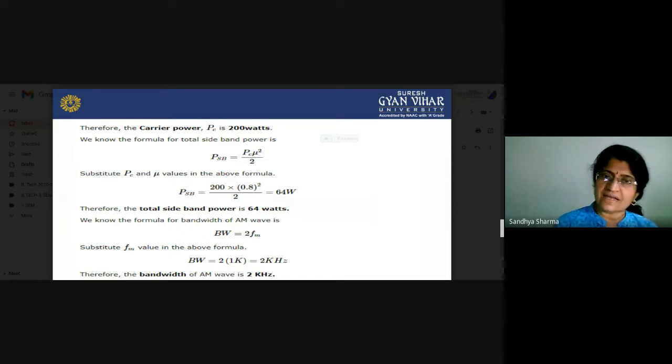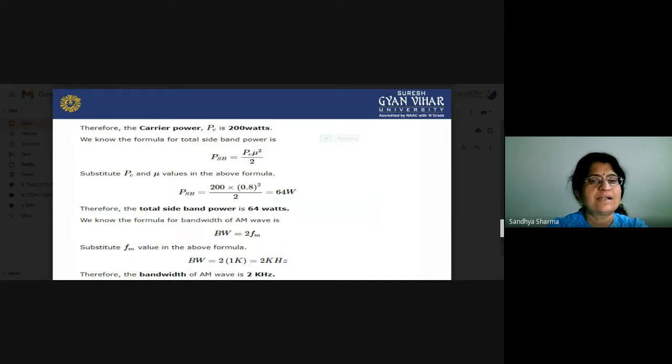Putting in the values, Psb is equal to 200 into the modulation index square divided by 2. This is the basic formula for sideband power. First you calculate the carrier power, then the total sideband power, where Pc is the carrier power and mu is the modulation index, given as 0.8. Using these two values, we can calculate the sideband power.